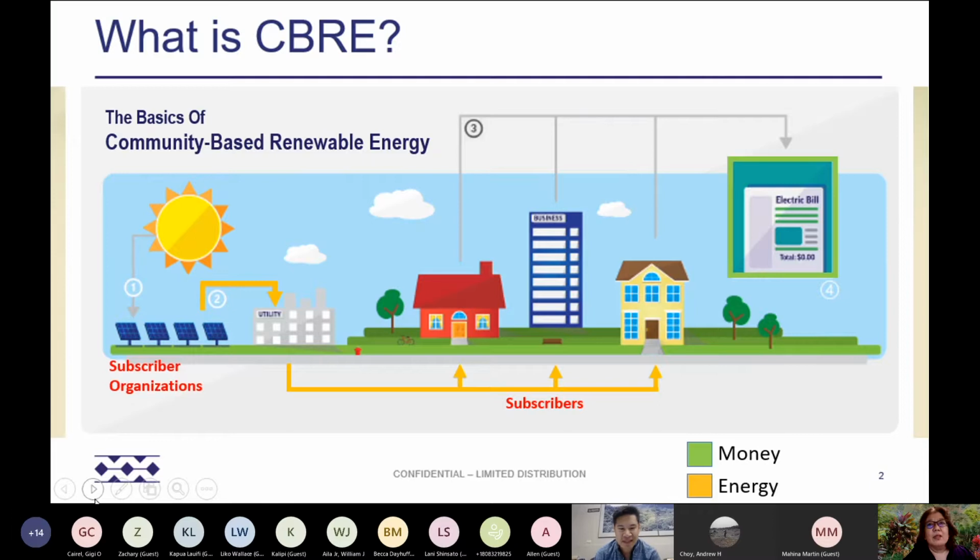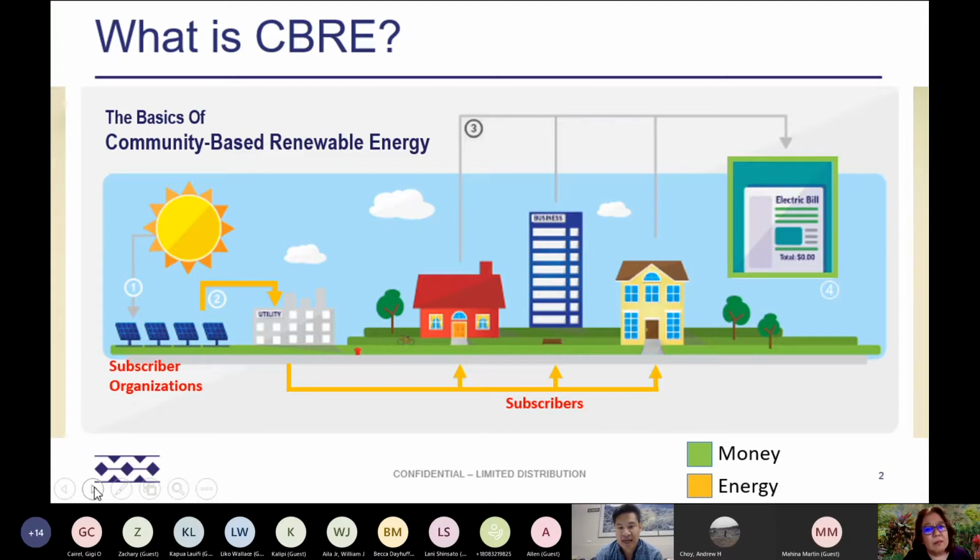The facility produces electricity, and that goes to the utility's electric grid, and that electricity goes to everyone on the island of Molokai. The utility will track how much power is coming out of there, and in the program, the utility in the third role acts as an administrator.